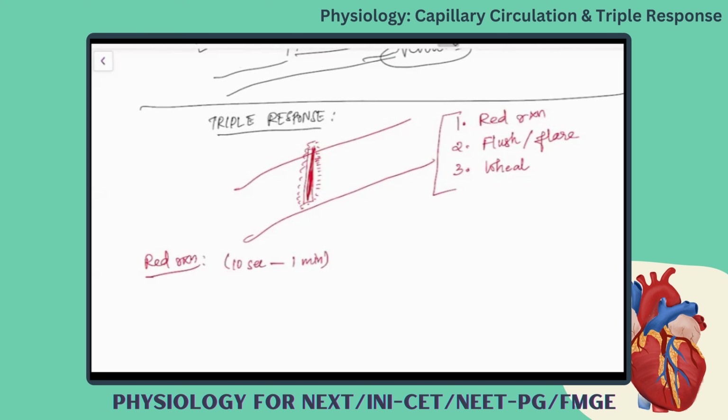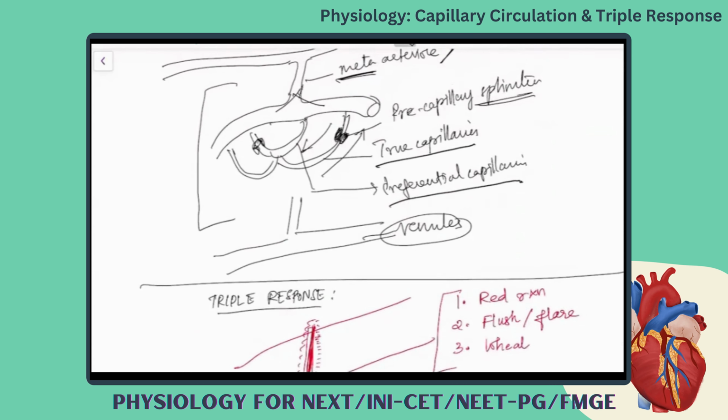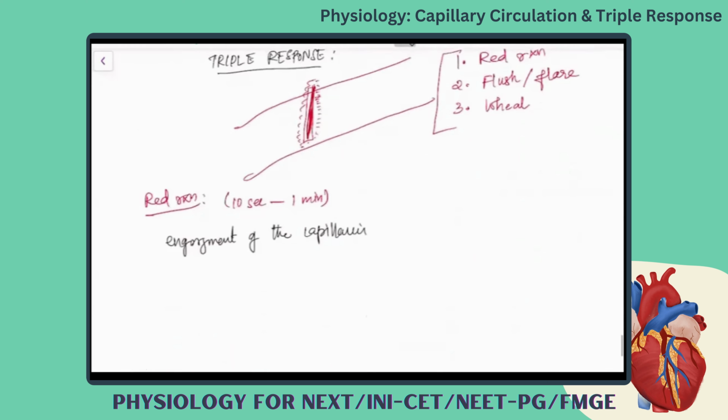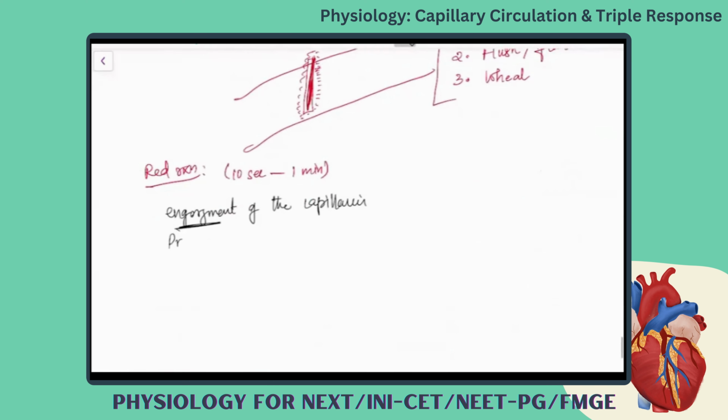That is called the red reaction, and this red reaction is mainly due to the engorgement of the capillaries. The engorgement of the capillaries is taking place because the precapillary sphincter is relaxed. This precapillary sphincter relaxation makes the blood get engorged in the place where it is scratched.